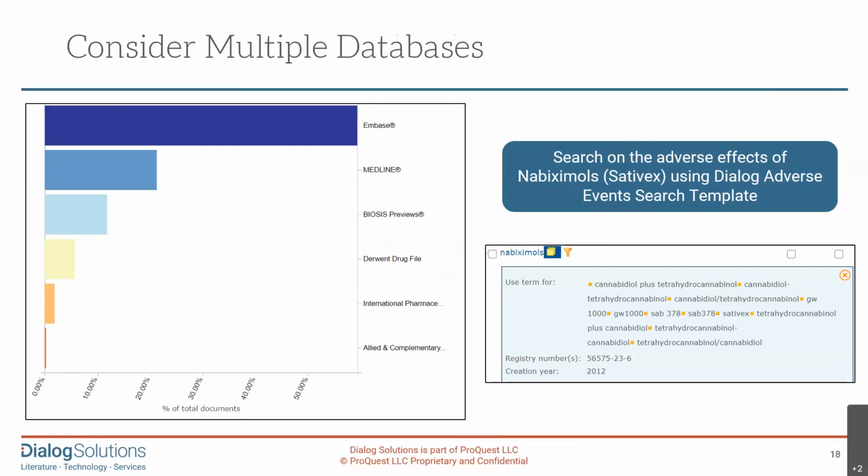And allied and complementary medicine had a few articles too. So what can we take from this? Well, for this particular search, for this particular product, just using Embase or just using Medline wasn't the whole story. There were other articles to be found if you did a search and deduplicated the results.